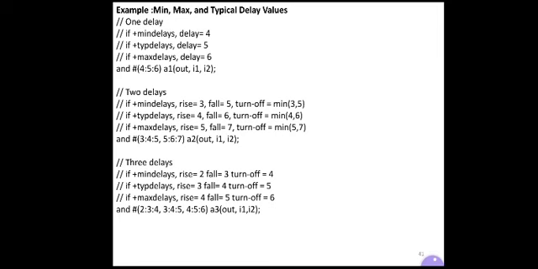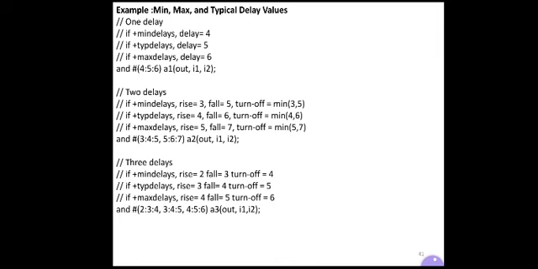So here there are examples of the minimum, typical and maximum delay values. First example, and hash 4 colon 5 colon 6. Observe here, the values of minimum, typical and maximum, in this order, are separated by the colon, not by the comma. So that is the difference between the rise, fall and turn off delay and minimum, typical and maximum delay.